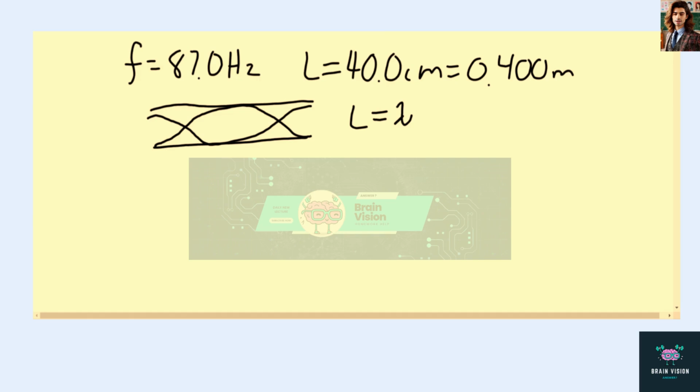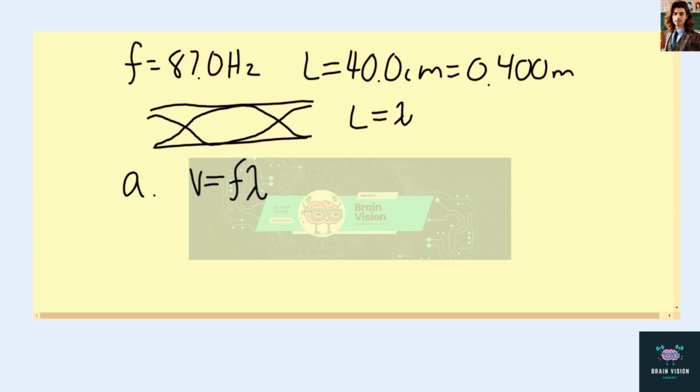So that's pretty helpful. And from this information, in part A, we want to find out what the speed of the transverse wave is. That's a pretty straightforward question. We have the frequency and we have the information that we need to find the wavelength. So we can write down that wave speed is equal to frequency times wavelength.